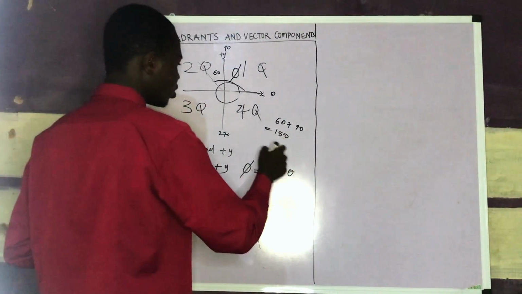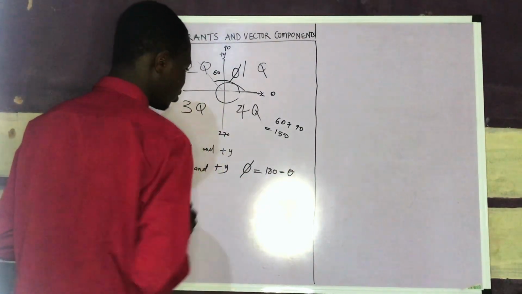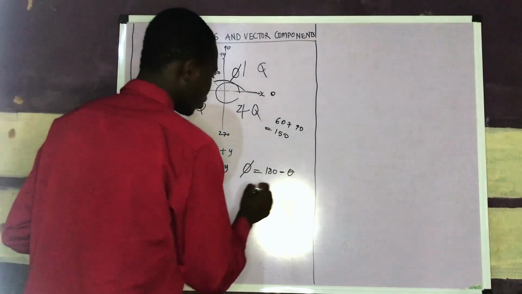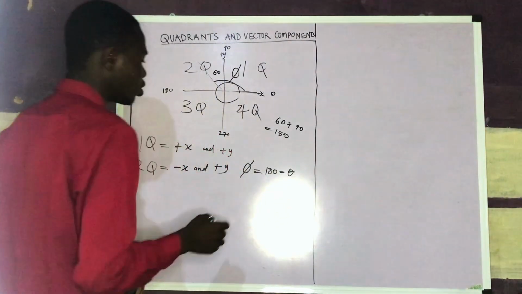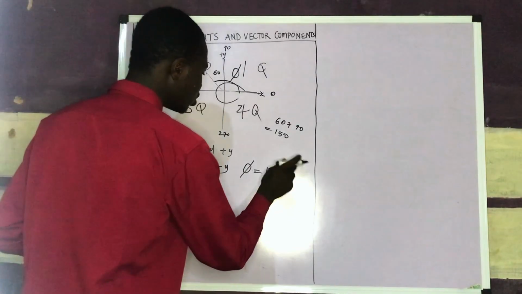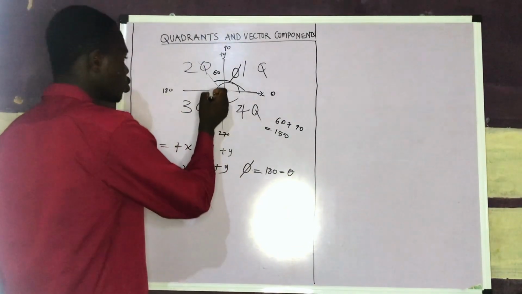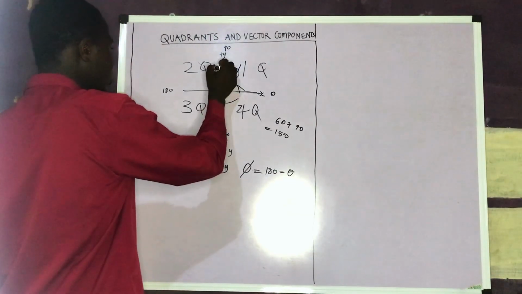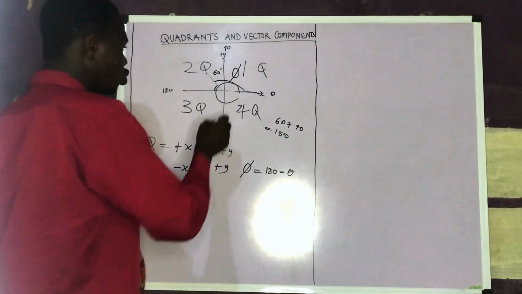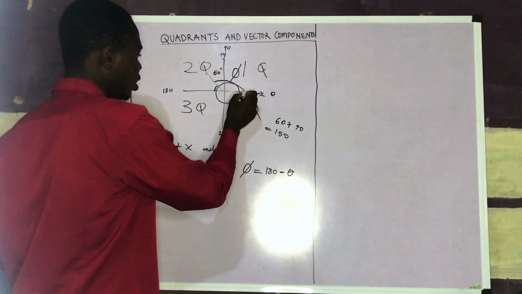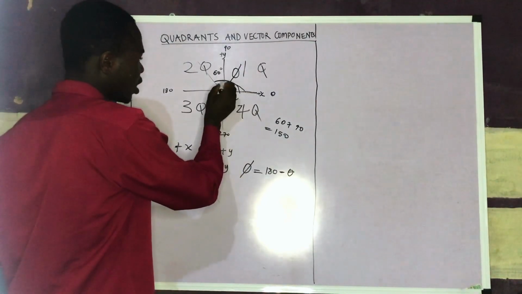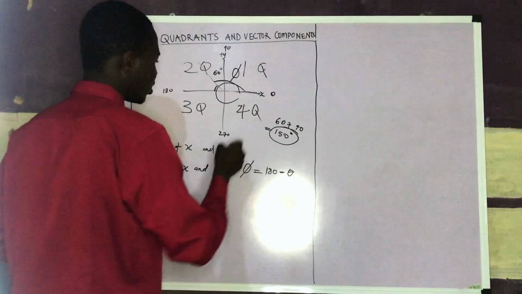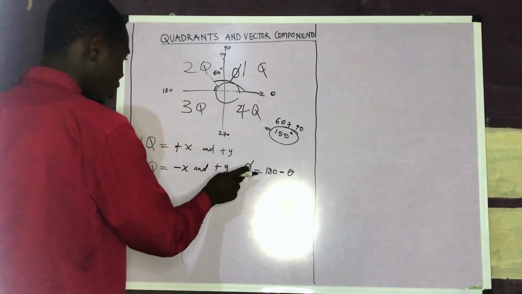Here, to use this phi, this your angle is always to the horizontal, right? You are given 60 degrees. If you want to measure it from this place, you measure it from here. From here to here is 90 plus this place, which is 150. That is your angle phi.